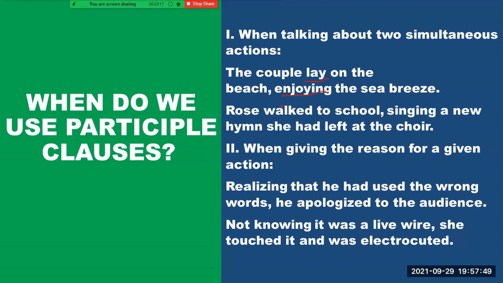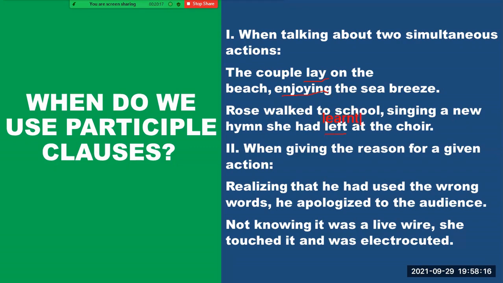Now, the second example, Rose walked to school singing a new hymn she had learned at the choir. This word is learned, all right? A new hymn she had learned at the choir. So take note of this.